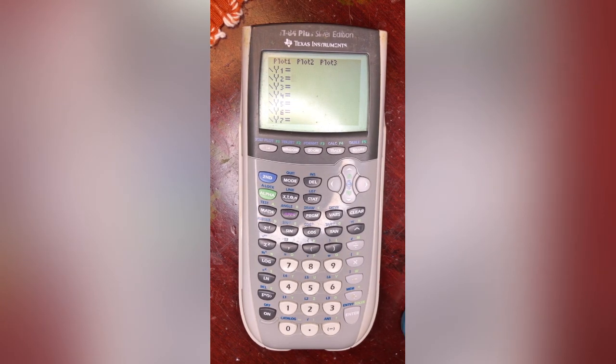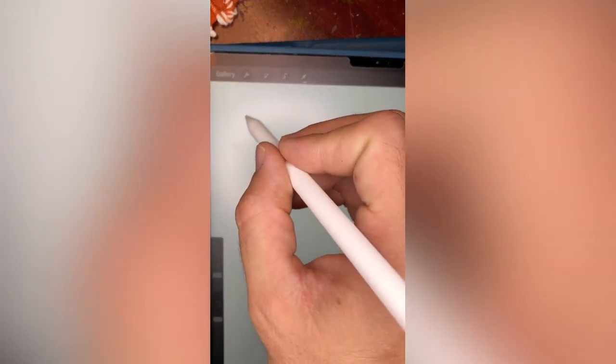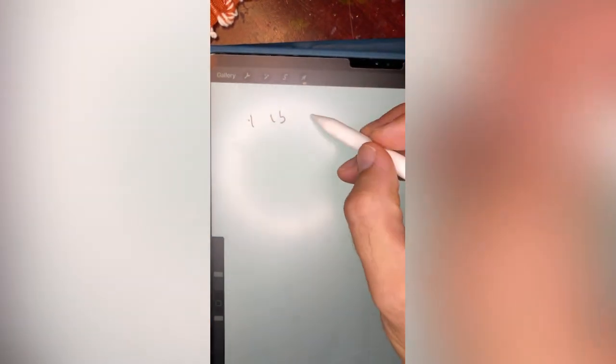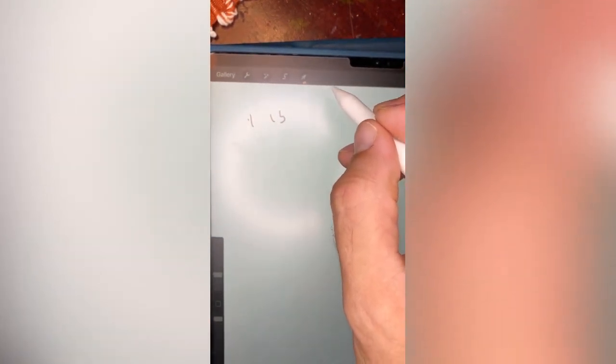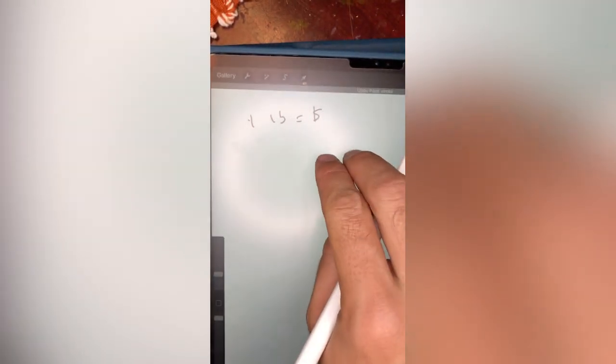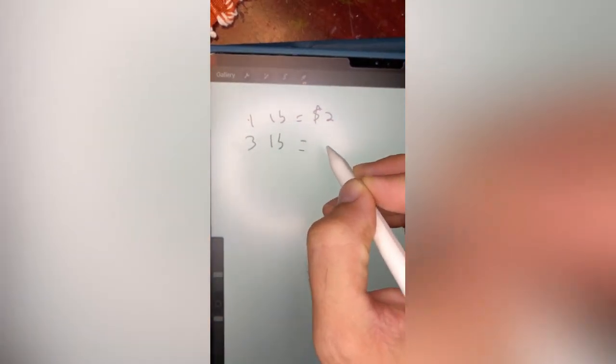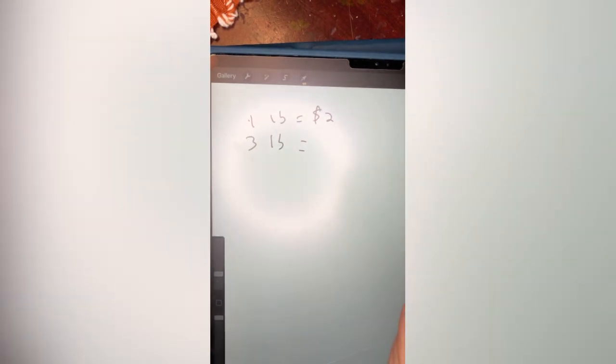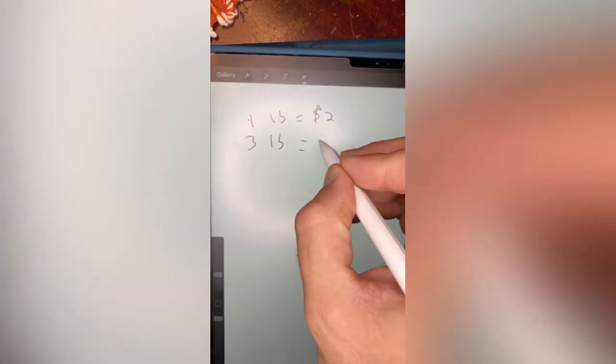And maybe I'll just show you what I'm doing over here, right? Before I use a graphing calculator, the shop has 1 pound bags of peanuts for $2. So I know that the 1 pound bag is going to be $2, and then the 3 pound bag is going to be $5.50.